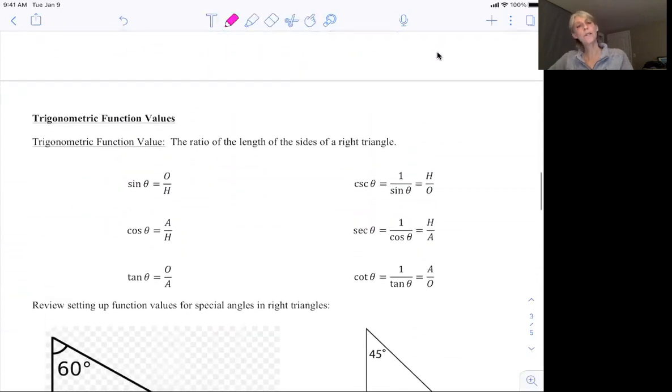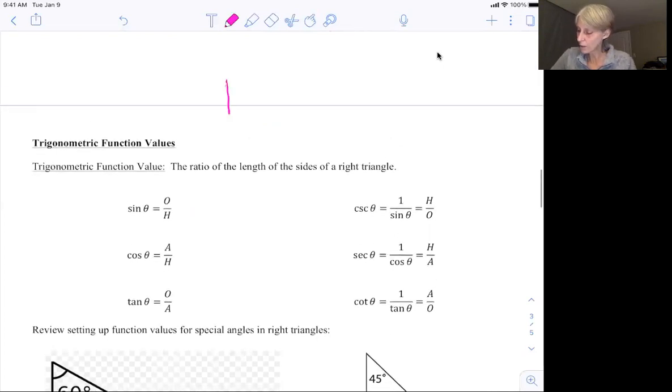Another thing we're going to review real quickly today are setting up trigonometric function values. Now, from last year, in geometry, you should have remembered the trigonometric function value is the ratio of the length of the sides of a right triangle. So if I have a right triangle here, when I'm describing trig function values, I'm referring to a specific angle.